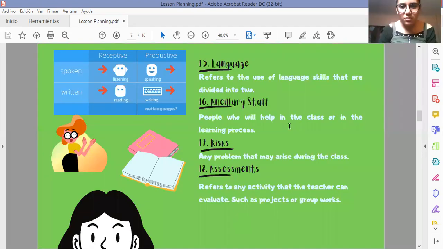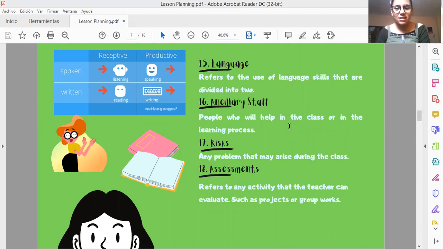Okay, so now let's continue with the 15th element, which is language. It refers to the use of language skills, which are divided into receptive and productive. The receptive skills are listening and reading. By the way, productive skills are speaking and writing.